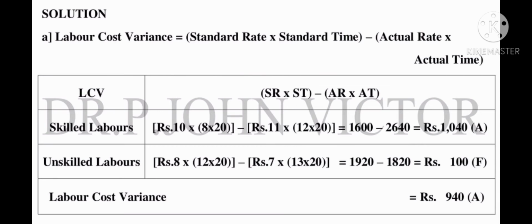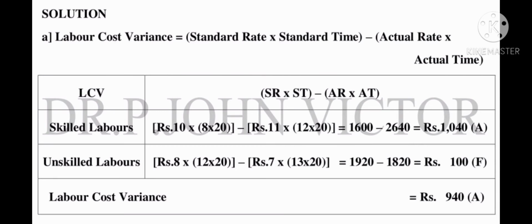Here the minus value is lesser, so for unskilled labors we get the favorable value. So the 100 is favorable, that is 1920 minus 1820.